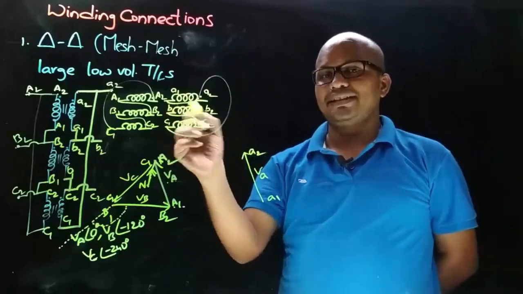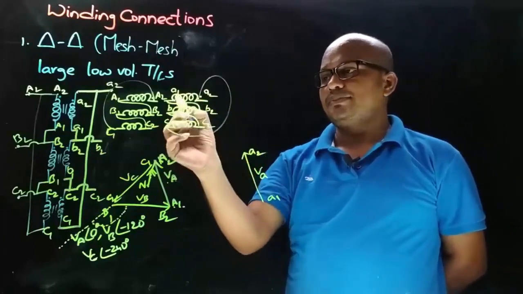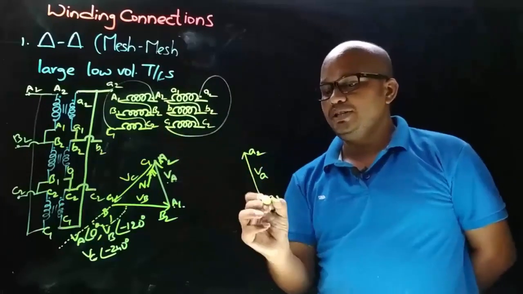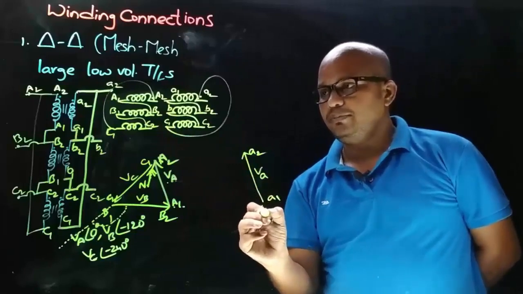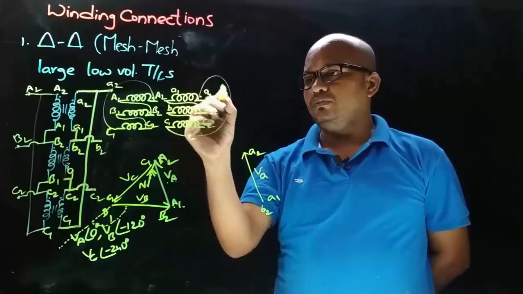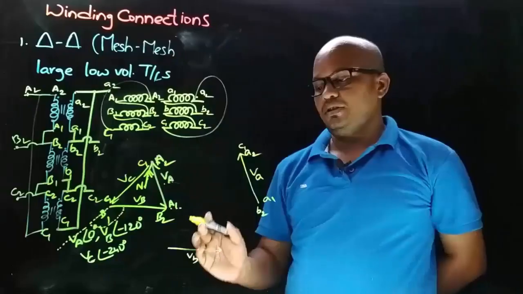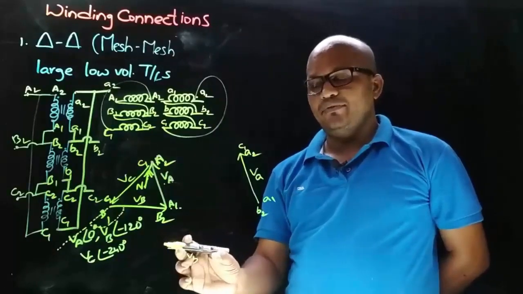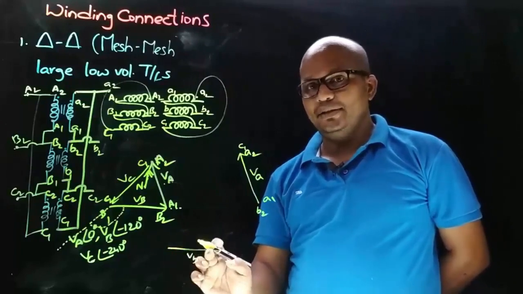Now we need to draw the secondary side VB phasor. So observe that A1 is connected to B2, means here to A1 there will be B2, and to A2 we will have C1 terminal. And now to this secondary side VB phasor, we need to decide the terminals.